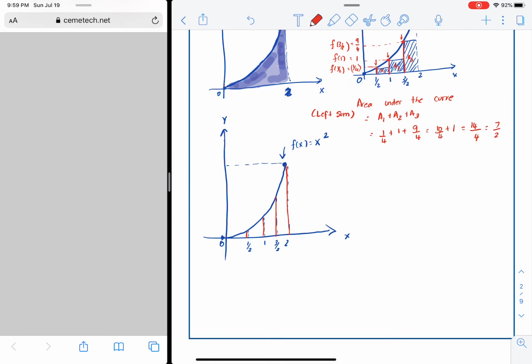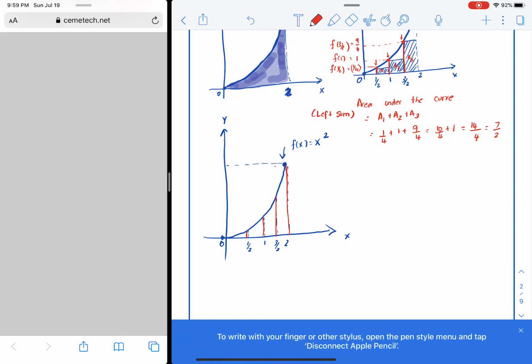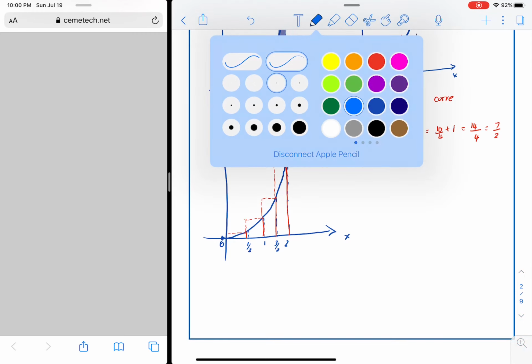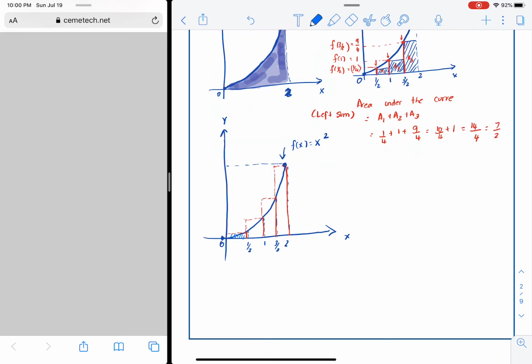Okay. So let me draw the rectangle. So those are the 4 rectangles. So clearly the rectangles go outside of the curve. So now the area of each of those rectangles would be those.